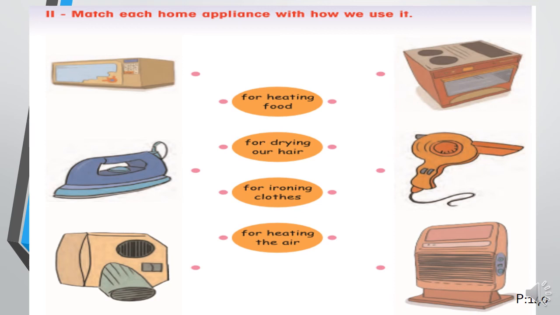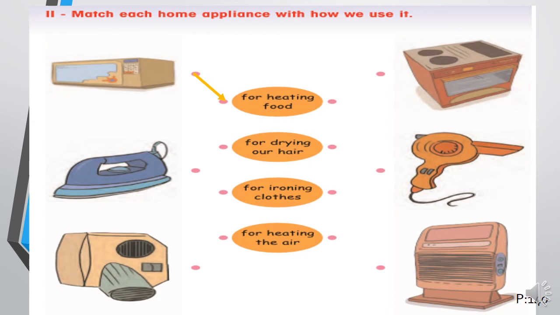We have the microwave. We use it in order to heat our food. Excellent. We have an iron. We have a heater. We have a gas stove.